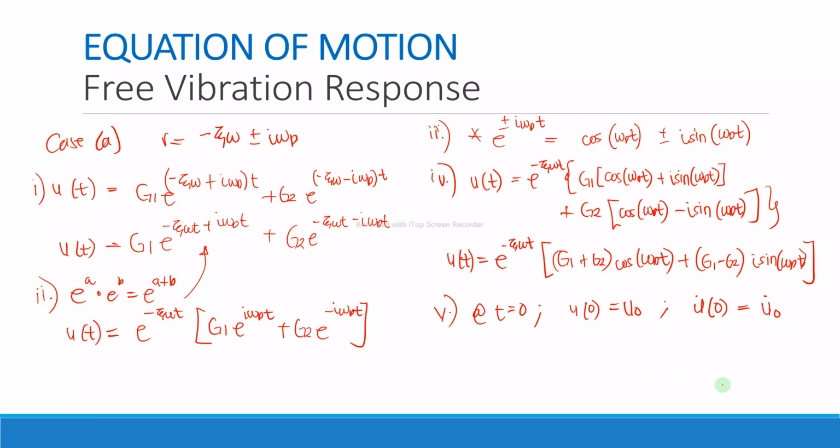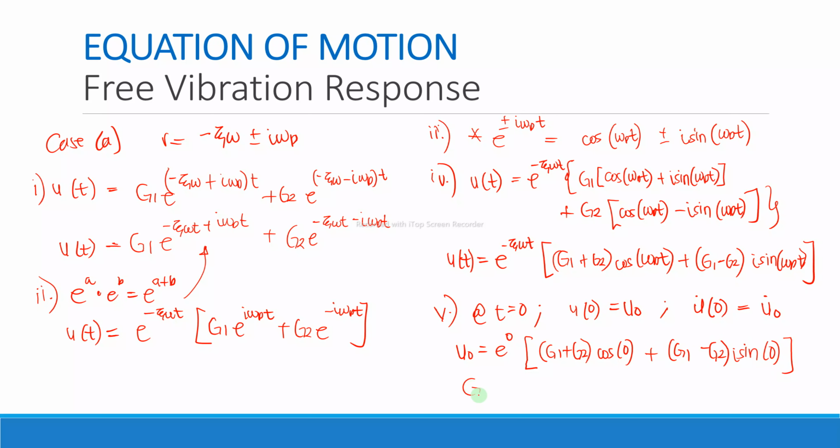So applying this, we have u naught is equal to e to 0 times quantity g1 plus g2 cosine 0 plus g1 minus g2 i sine 0.